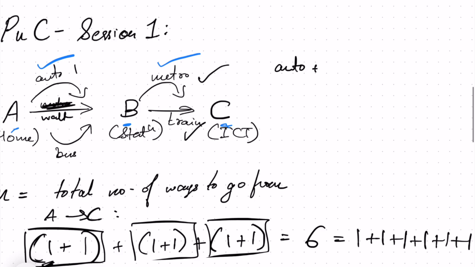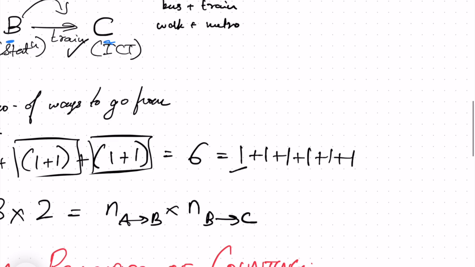It's either auto plus metro, or say bus plus train, or say walk plus metro. These are all individual 6 possibilities which are separate from each other, and we cannot do any of these simultaneously. These are all separate cases, and hence we add 1 plus 1 plus 1 plus 1 plus 1 plus 1, 6.